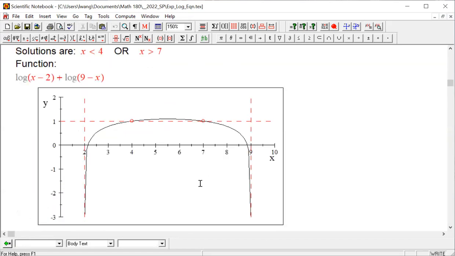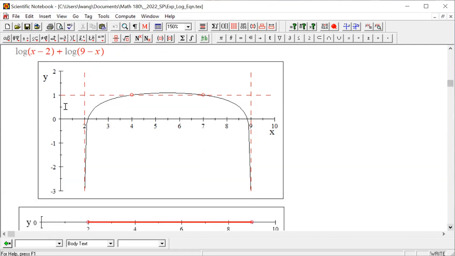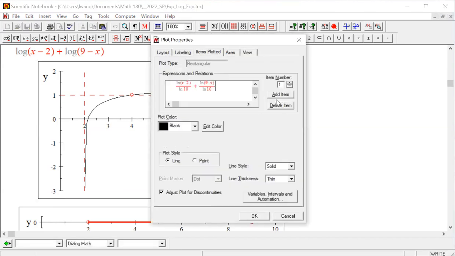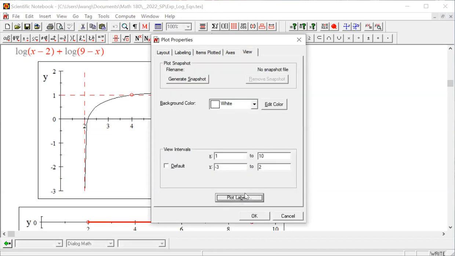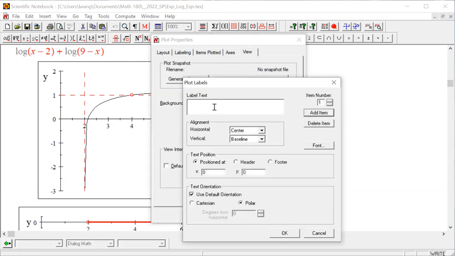Function perspective. If we graph this function, you can see this horizontal line is y equals 1. Okay, and we want it to be less than 1, right? So here we're going to put 1.25.